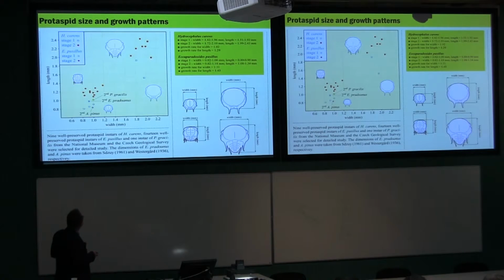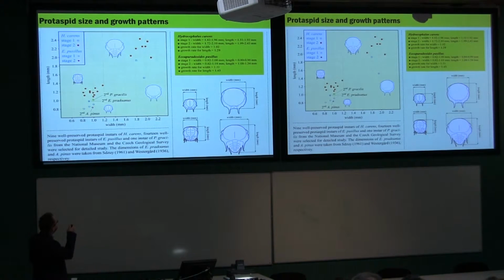If you look at them, we can clearly recognize two protaspid stages of Paradoxides. These three green dots are the first protaspid stage. This is the second protaspid stage. And of Hydrocephalus, and there is also probably a second protaspid stage of the other two taxa. So not only are they different in morphology, they are also different in size.